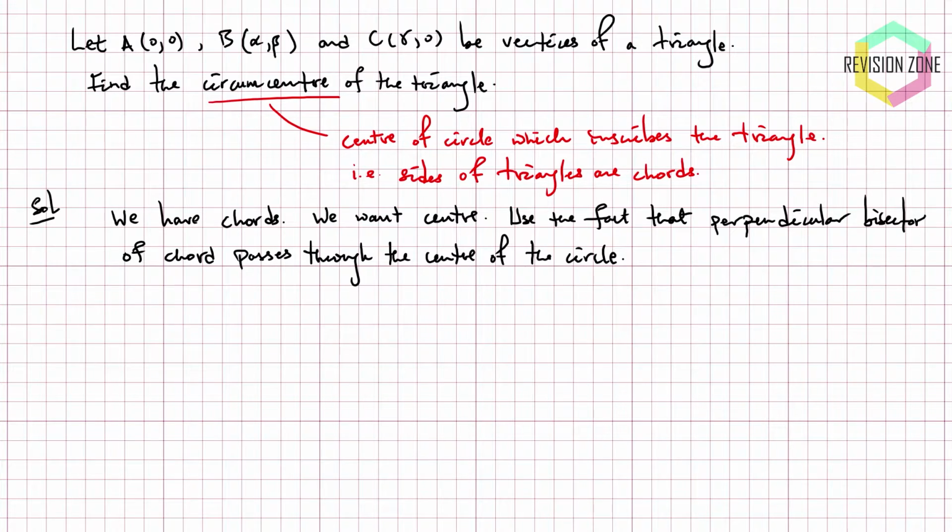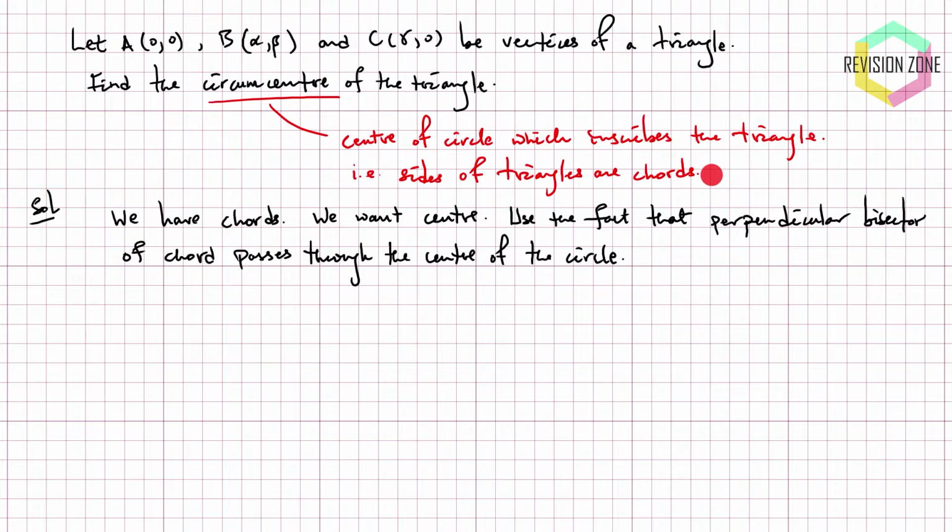Okay, so for those of you who are joining us for the first time, circumcenter is essentially the center of a circle, and the circle is actually a special circle for which the triangle with these vertices is inscribed in the circle. So in other words, the sides of the triangle are actually chords, okay?